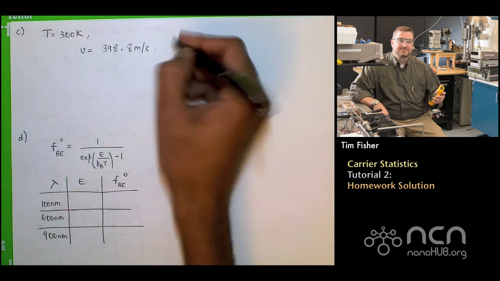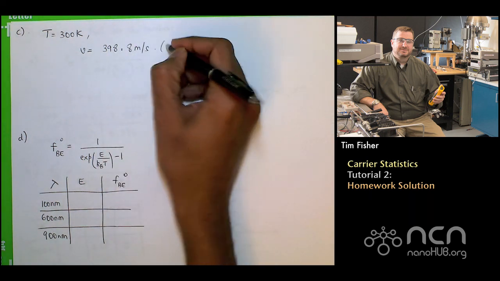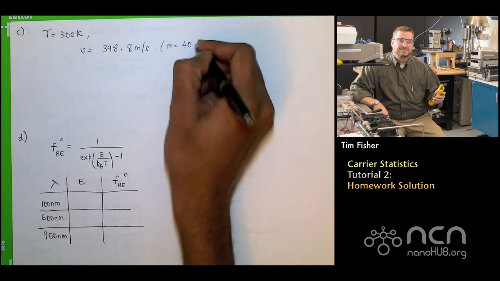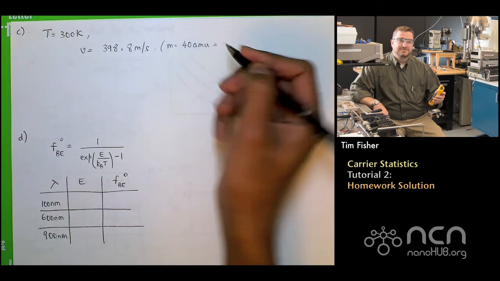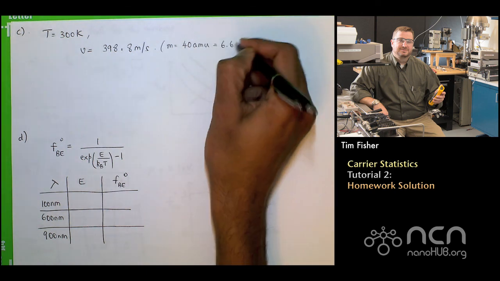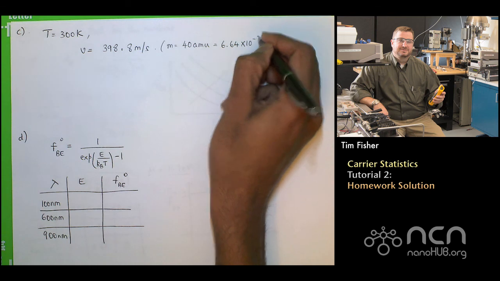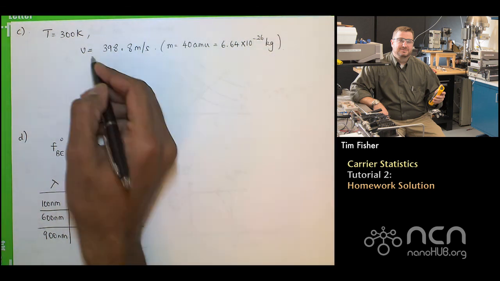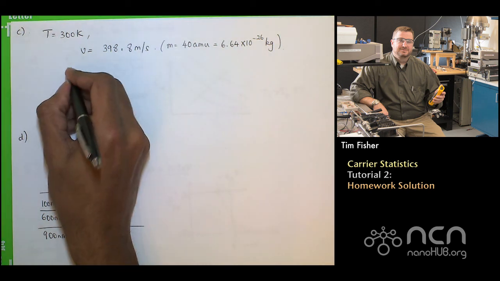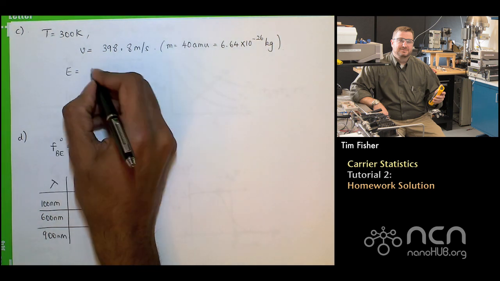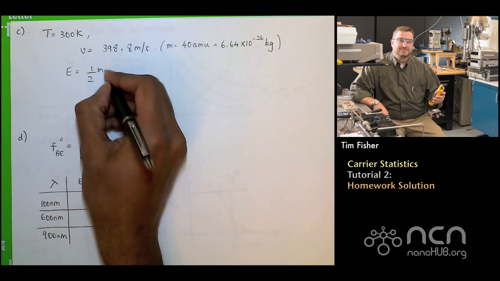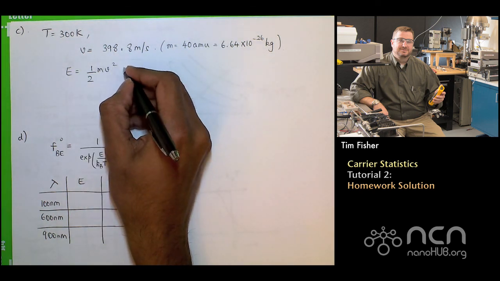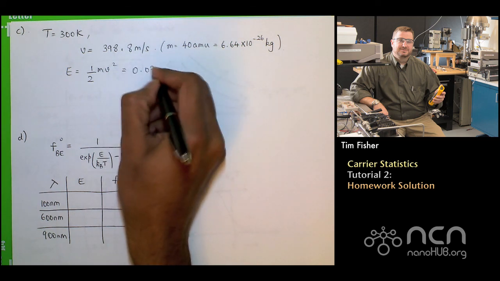For this we need the atomic mass of argon, which is 40 atomic mass units, or in SI units 6.64 times 10 to the power minus 26 kilograms. For this velocity, the average kinetic energy, calculated using half mv squared, comes out to be 0.033 electron volt.